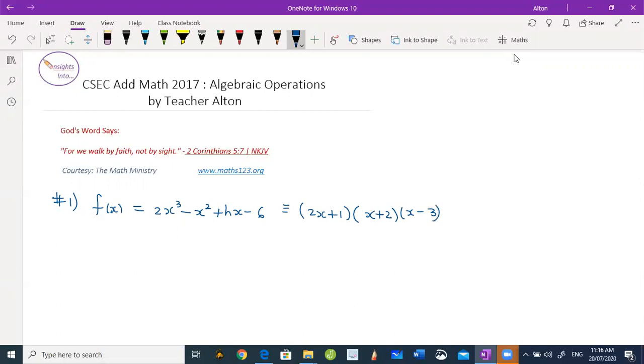And of course, we have to find the value of h.